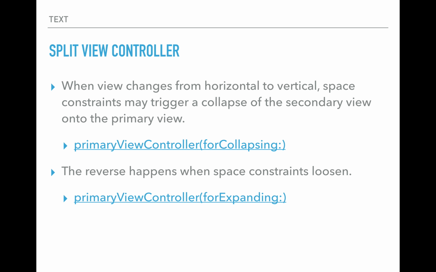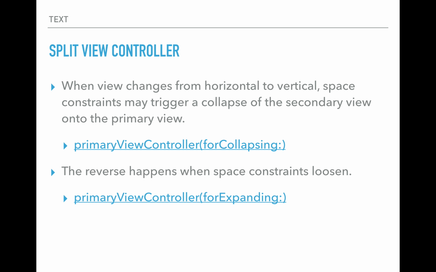You can do that here. Instead of it managing that transition for you, you can specify it point to a completely new view controller altogether that might make it look a little better in portrait mode. That's what the primary view controller for collapsing function override will allow you to do.